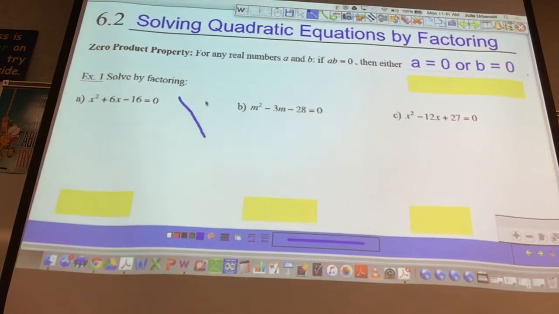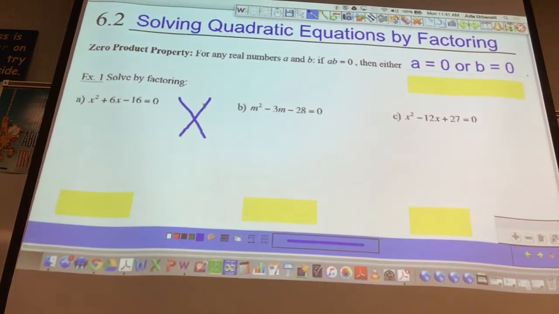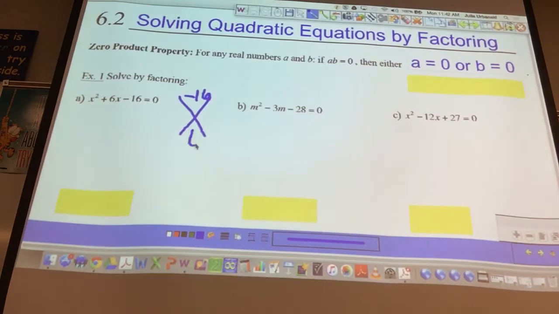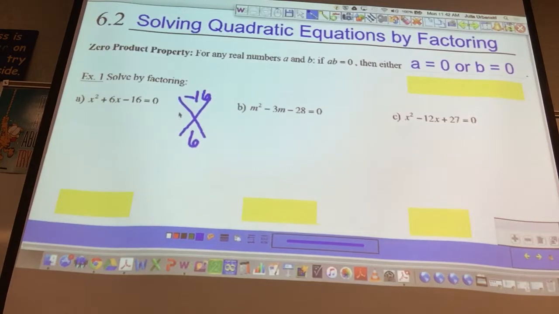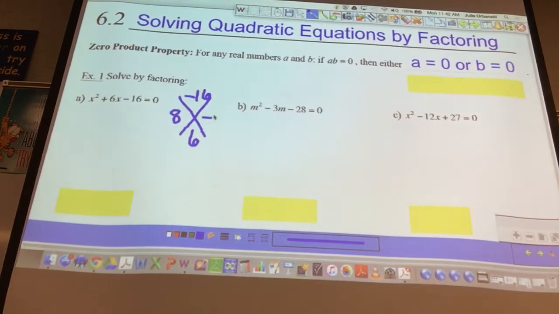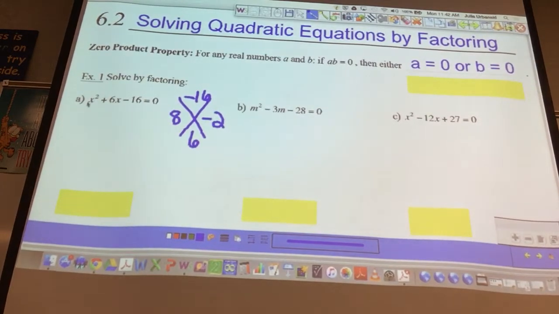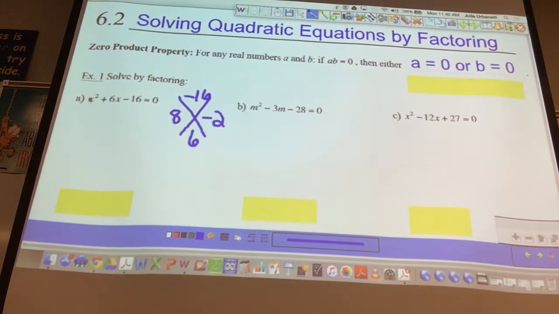So if you go like this, and you say the first and last is negative 16, and the middle number is 6, what are those 2 numbers that can make negative 16 and 6? Positive 8 and negative 2, very good. When there's no number in front, then your work is done.